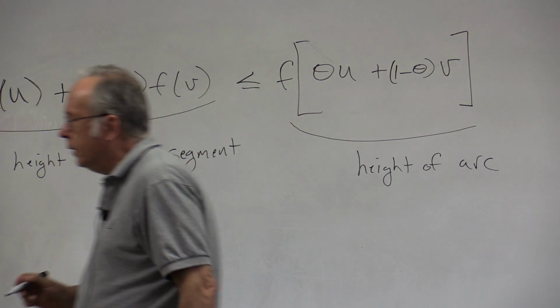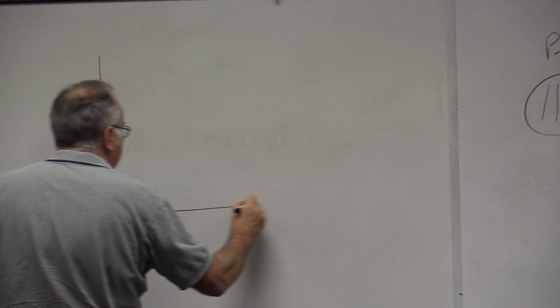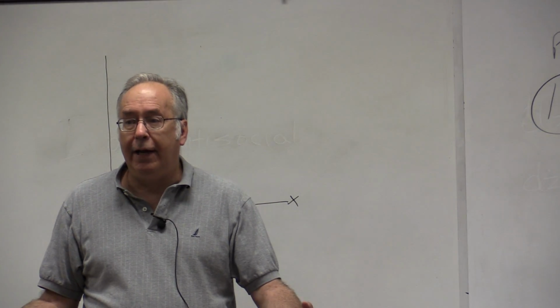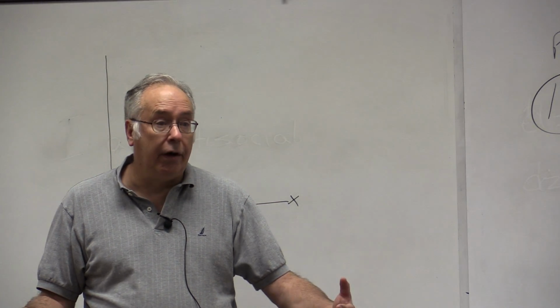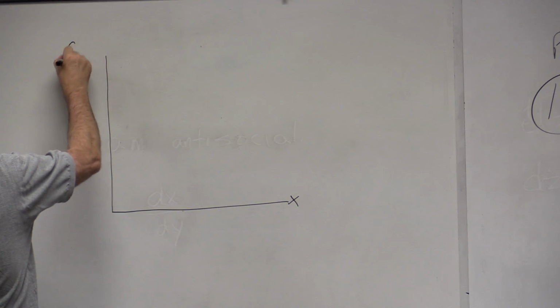Let me draw a picture to illustrate this. A typical concave function would look something like this. Here, we're assuming that y is a function of x, a single variable. So f of x, or y, is measured on the vertical axis.